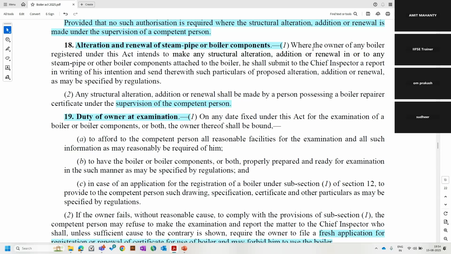They have to submit in writing to the chief inspector for his authorization.